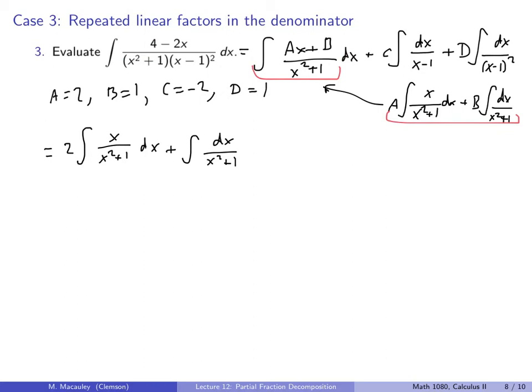The next one is minus 2, so minus 2 times dx over x minus 1. And finally we have plus 1 times dx over x minus 1 quantity squared.